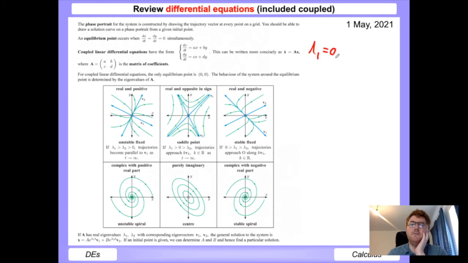Lambda 1 was 0.2, lambda 2 was 0.5, or the other way around. So these are both real and they're both positive. Okay, so they're real and positive, so they're going to fit into this kind, an unstable fixed point. Okay, so that's what we're going to look at in terms of the equilibrium points. And the trajectories become parallel to V1 as t goes to infinity.